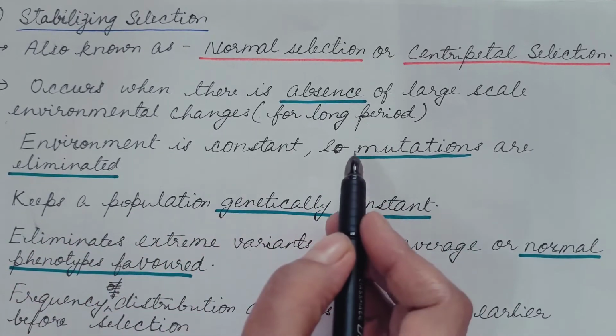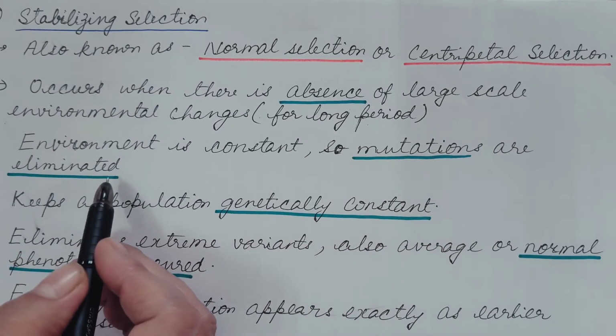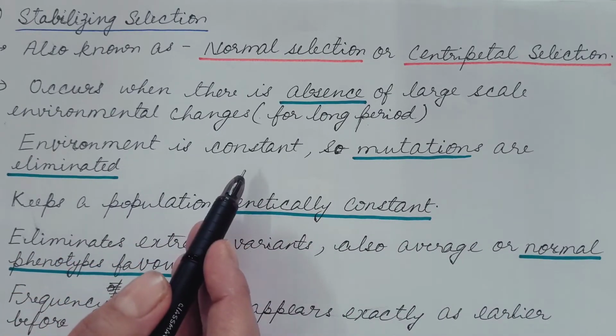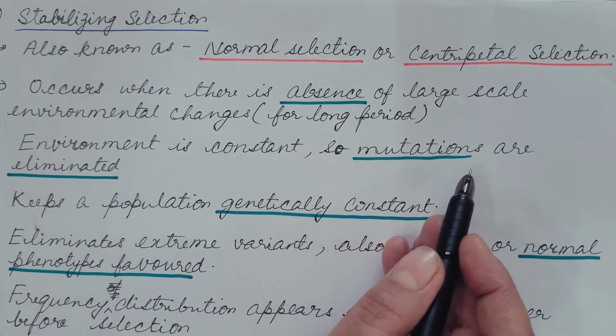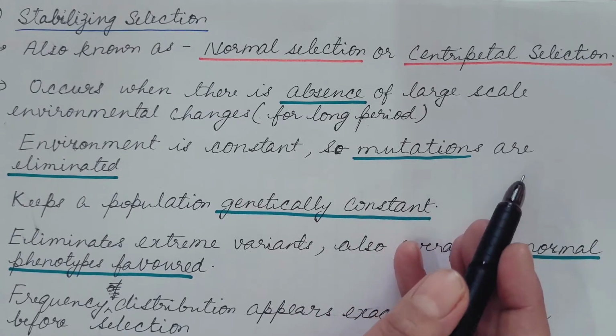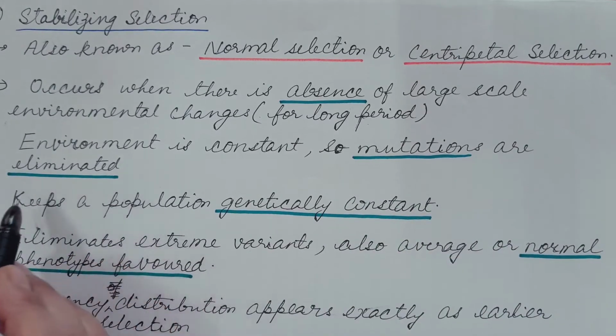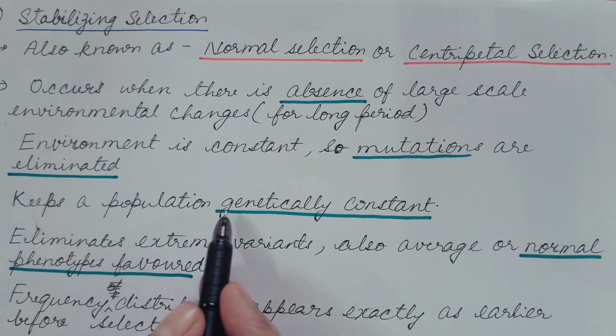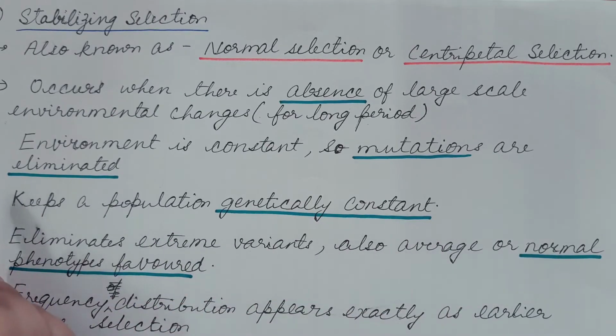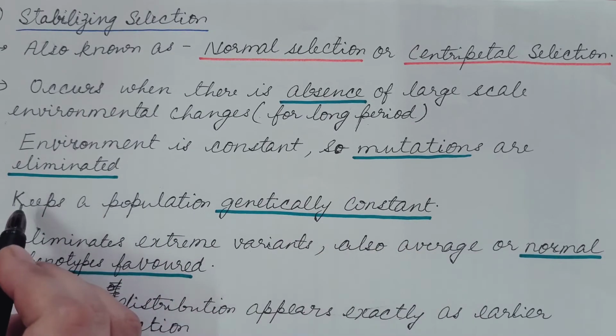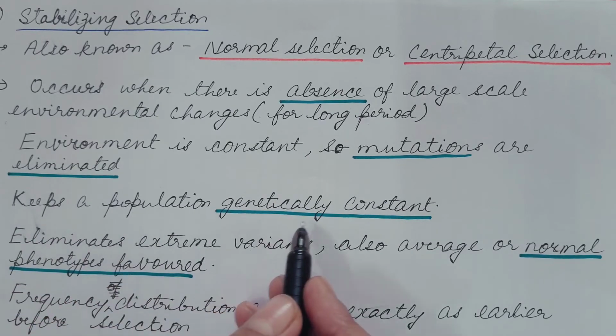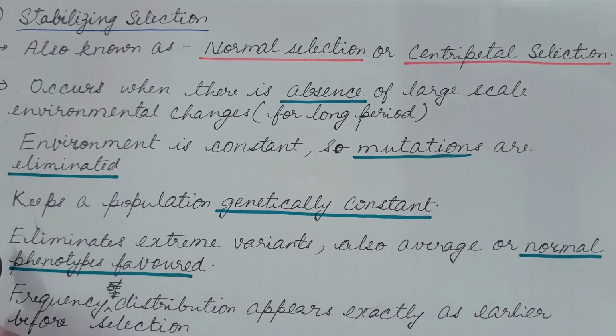Environment is constant, so mutations are eliminated. Since the environment is constant, so genetic variation is not required, so mutations are also eliminated. It keeps a population genetically constant. Hence, in the absence of the mutation, it keeps the population genetically constant.